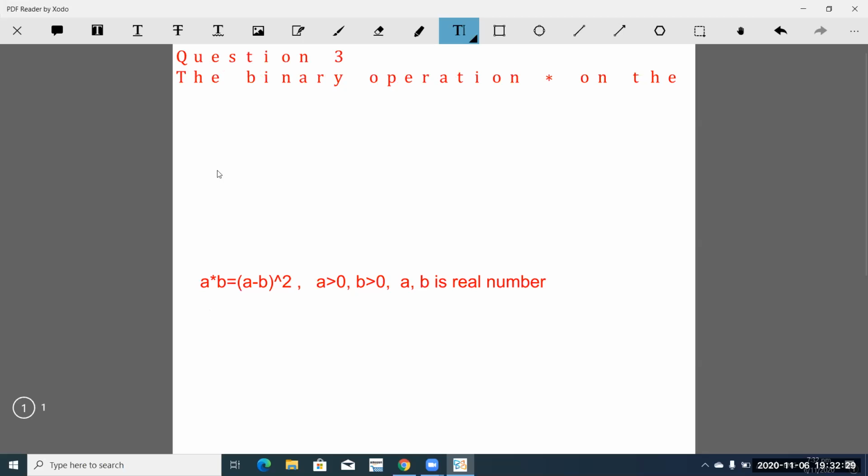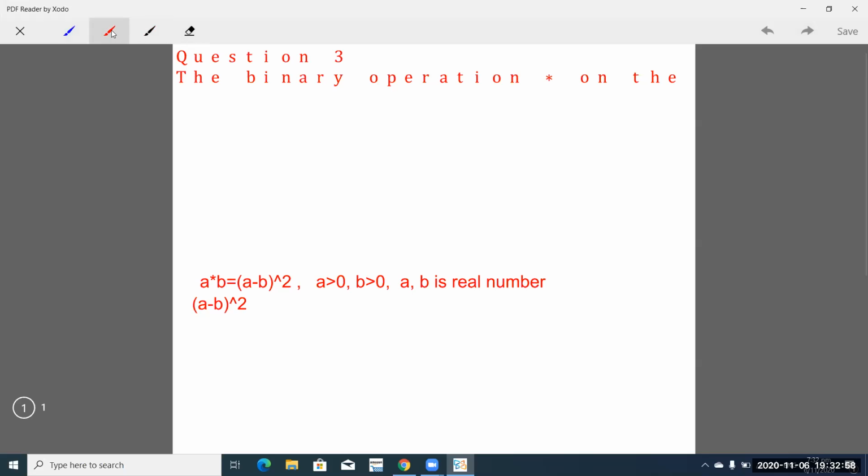Now, what is going to happen then? We have a real number A and a real number B. When we take the difference, A minus B, and then we square it, that's always going to be greater than or equal to 0. Tell me why that is.